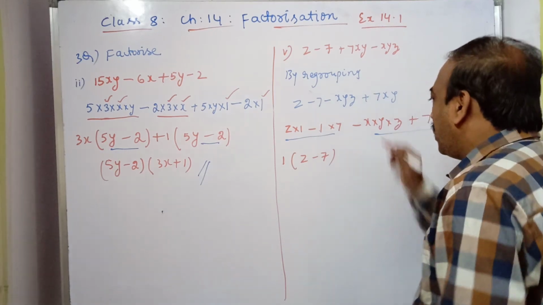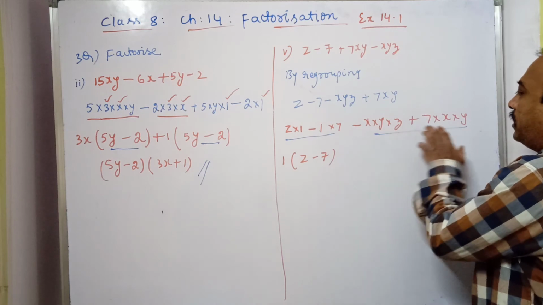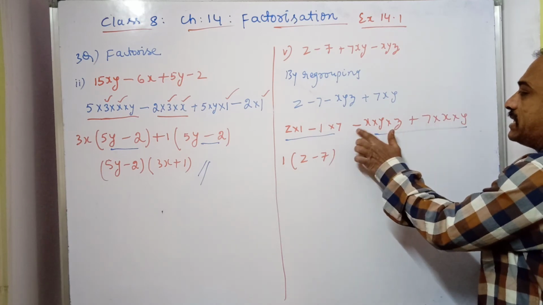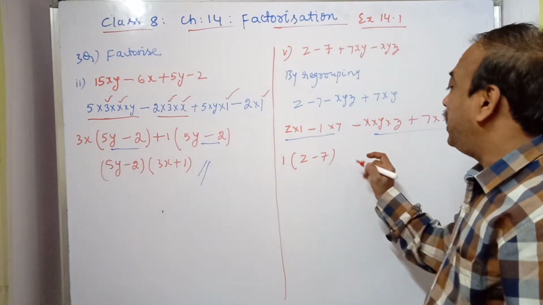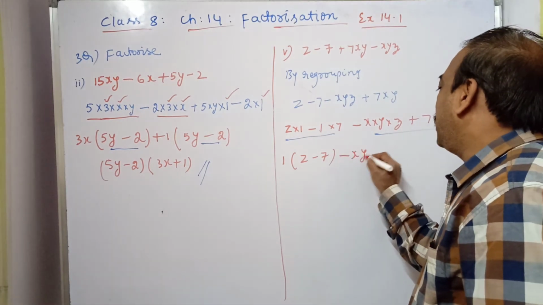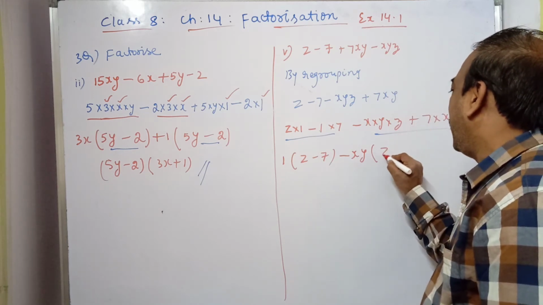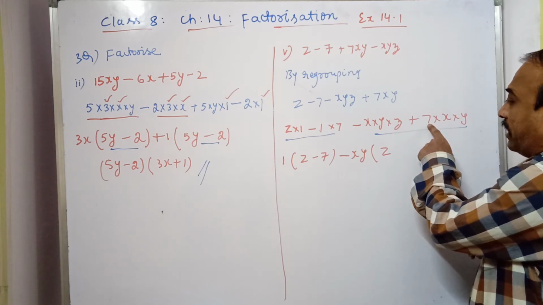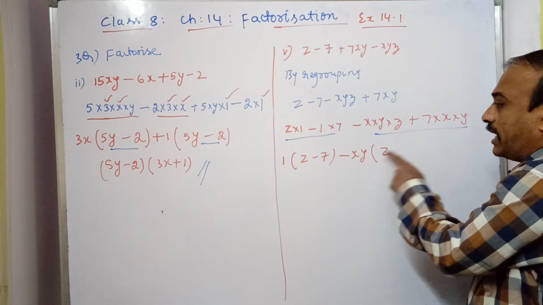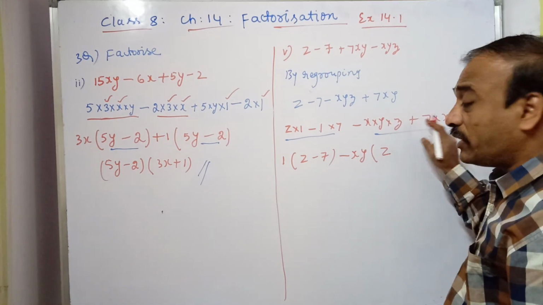So z minus 7. Now you see here, if you write xy here, here also xy, but here minus is there and here plus is there. In that case, we take minus xy common. Writing minus xy outside, the leftover is z. Here the leftover is 7, but if you write plus 7, minus into plus becomes minus, and we need plus.